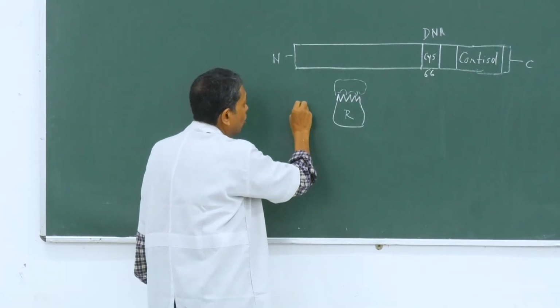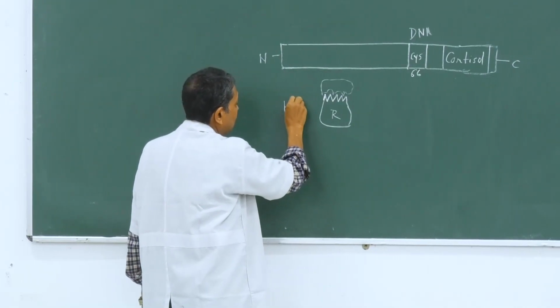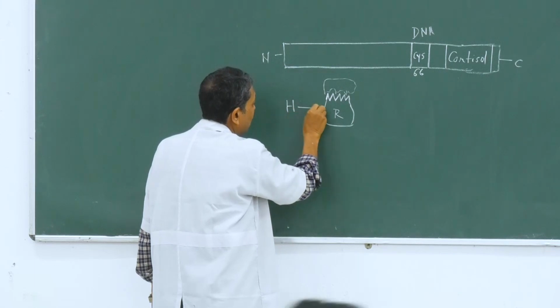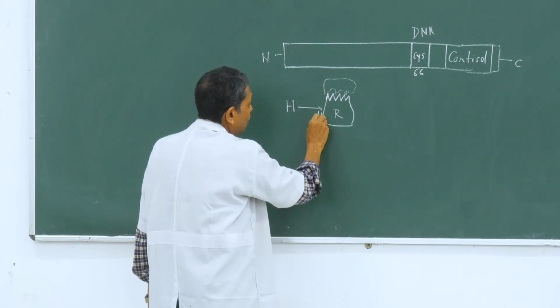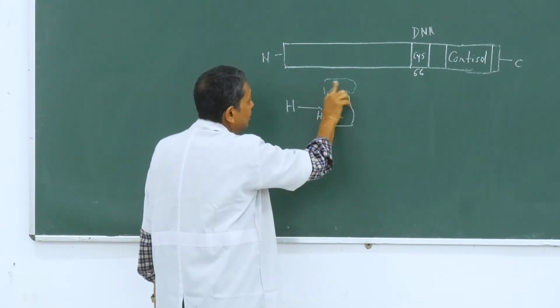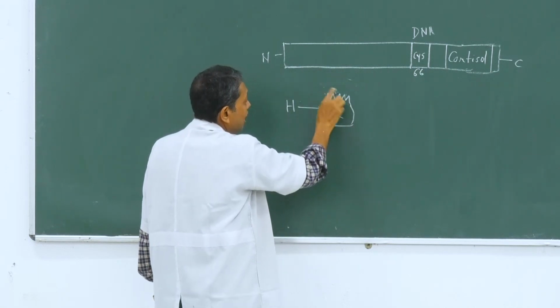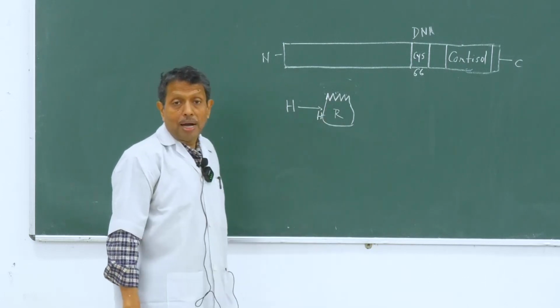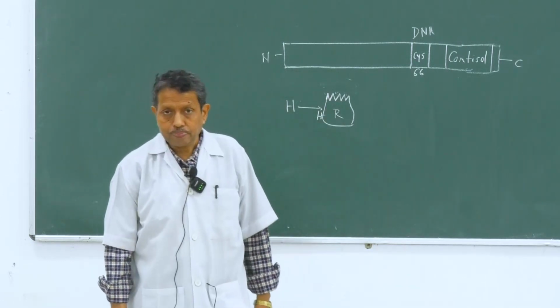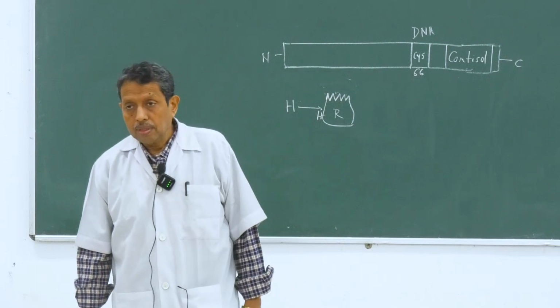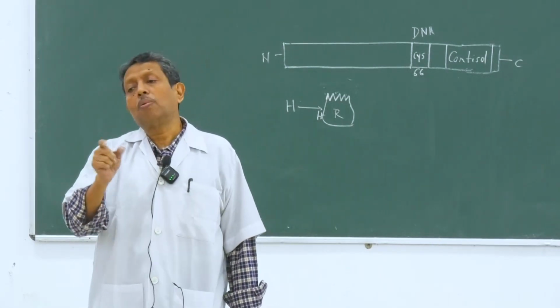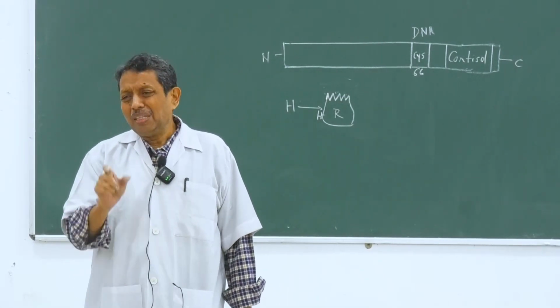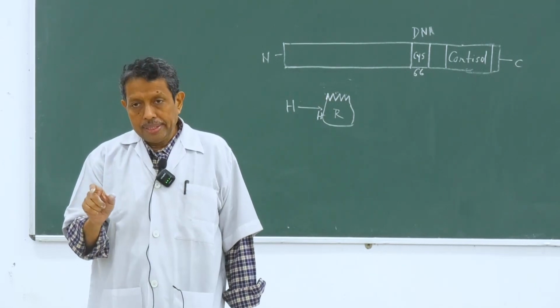And when the hormone comes, that substance is eliminated, this part is exposed, and it binds with the appropriate part of the DNA chain. I think you have studied in higher secondary course the basic structure of the gene.